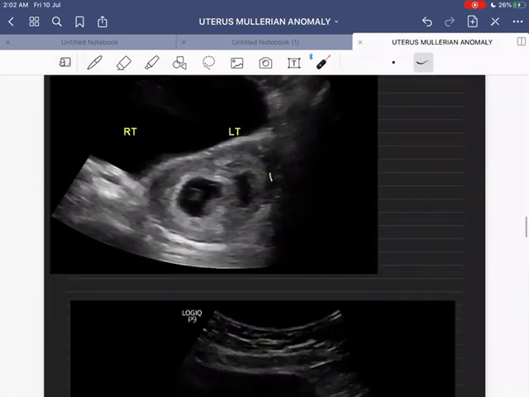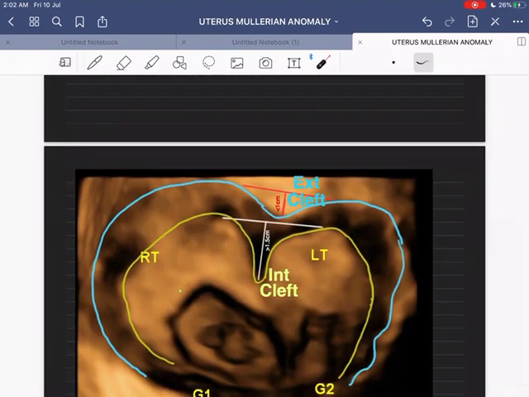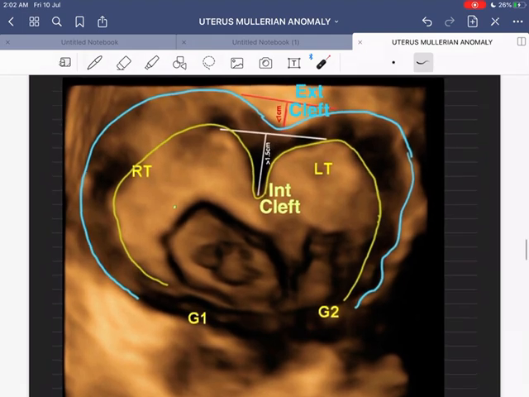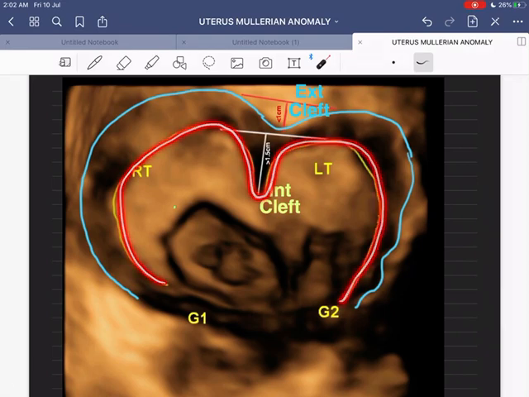Upon doing a coronal scan, a 3D reconstruction, this type of image came. You can see that this is the first G-sac, this is the second G-sac like structure, these are the endometrial cavities, and this is the outline of the uterus.